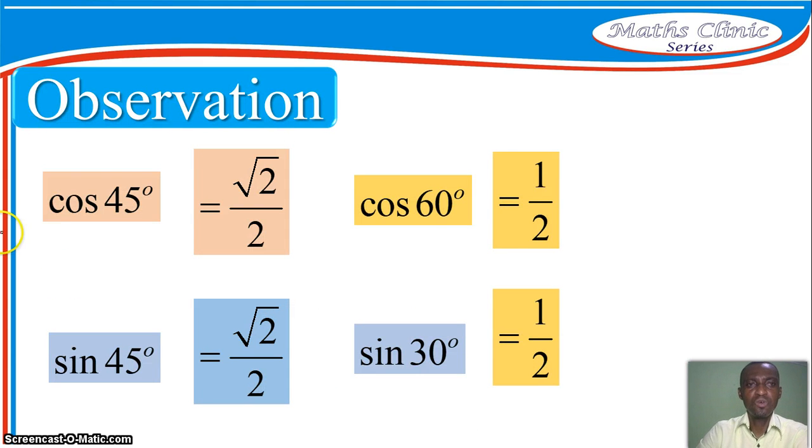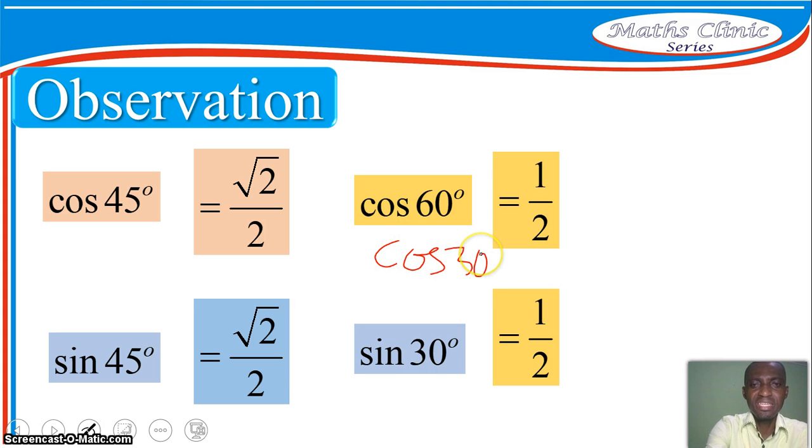Why is it that cos 45 and sin 45 are the same, and cos 60 and sin 30 are half? Again, if I also look at it in terms of cos 30, it will be the same as sin 60. You can go and verify that from the previous ones we've done, and that is true. Why is this true? Let's see quickly.